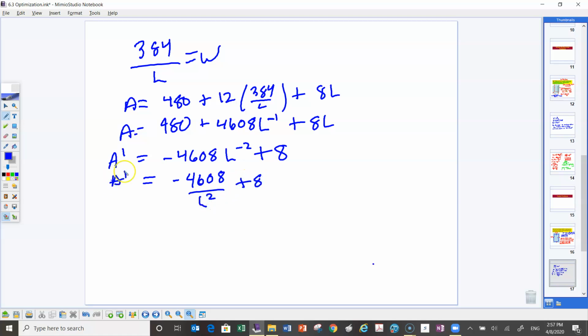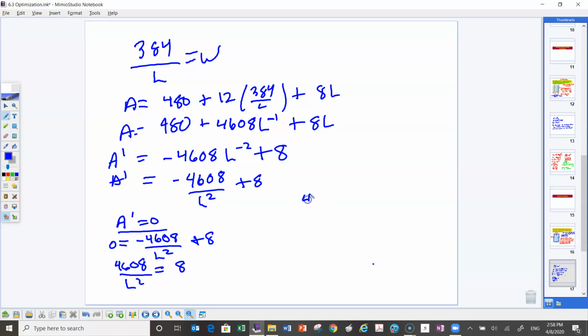So there's my derivative. I'm going to figure out what makes my derivative equal 0. It's undefined when L is 0, but you can't have a 0 length, so I don't have to worry about that one. So I'm going to set this whole thing to 0.